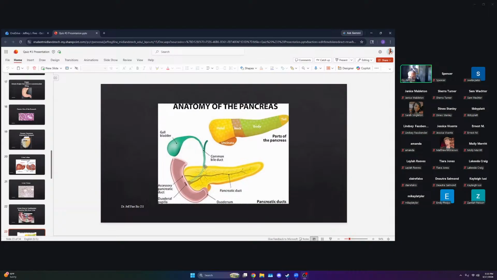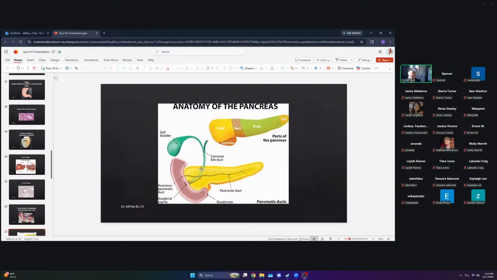And then that common bile duct makes its way into the pancreas and merges together right at the entry point of the wall of the duodenum. So both bile from the liver and gallbladder and pancreatic juices from the pancreatic duct are all making their way into the duodenum of the small intestine at this same point. So there's a massive dumping of enzymes in the duodenum of the small intestine.